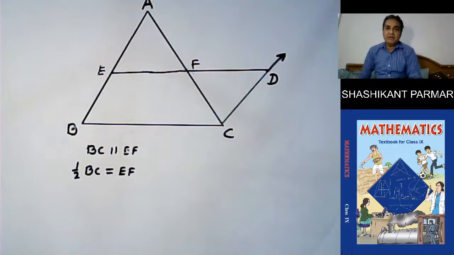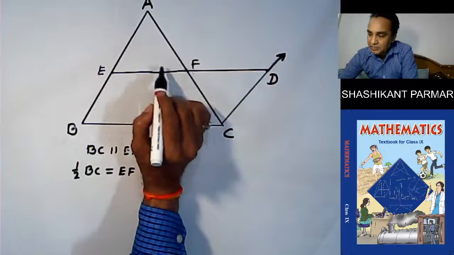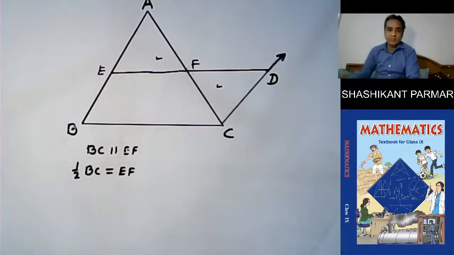E and F are midpoints of AB and AC. CD and BA are parallel. So by the ASA rule, triangles AEF and CDF are congruent.